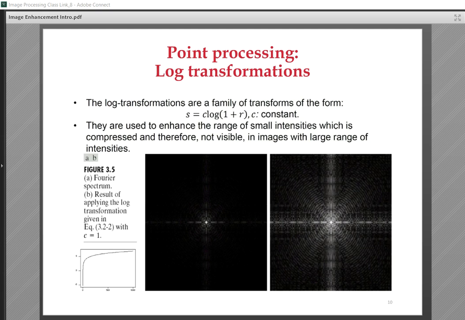Because they are compressed in gray level in images with a large range of intensities. For example, this log is for varying, or for enhancing, the dynamic range of gray levels.